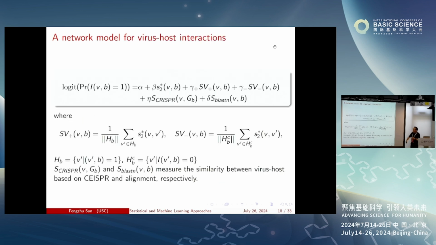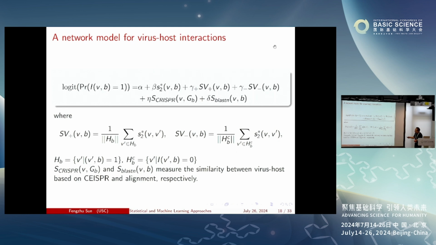Okay, so now I give you some mathematics. After this formulation, we get this formula. The probability that the virus and the bacteria interact, that is, the probability that VB equals 1, which indicates they interact, can be written in the following form. Alpha is the background, and beta, that's the S2 star, indicates the virus and host similarity.